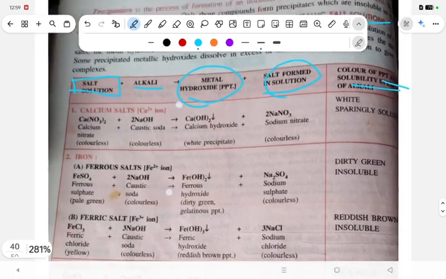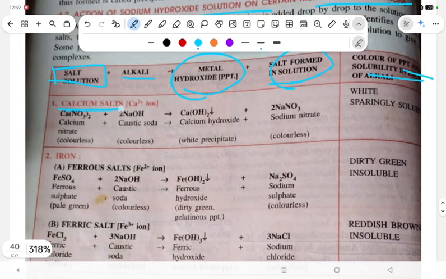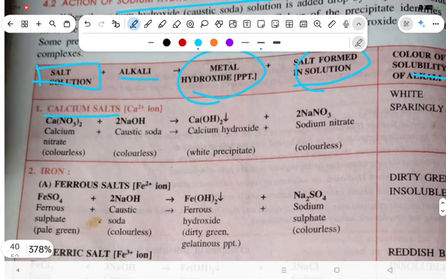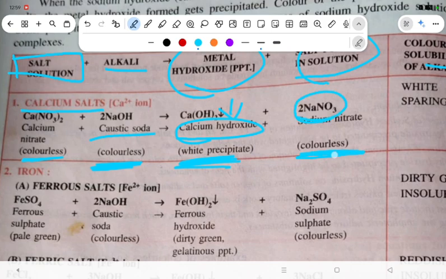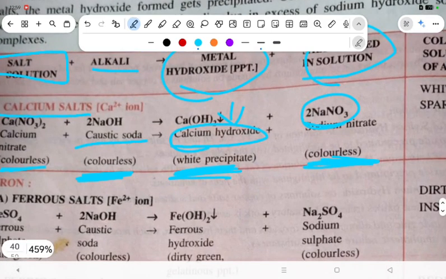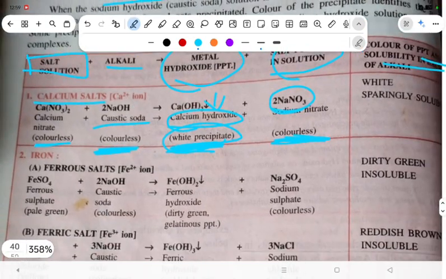First is calcium salts, Ca2+: calcium nitrate plus 2NaOH, both colorless, gives calcium hydroxide, a white precipitate. Ca(OH)2 is a white precipitate.